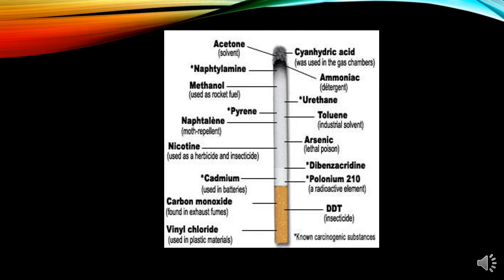In it are a few of the chemicals like acetone, arsenic, ammonia. These are just a few chemicals that it contains once it's lit or once you start smoking it. Let's look into these chemicals more closely and what they are used for.